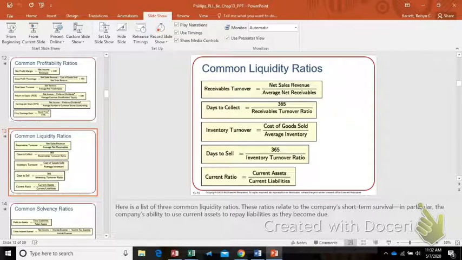There was one ratio from here that is going to be on the final. What's our guess?